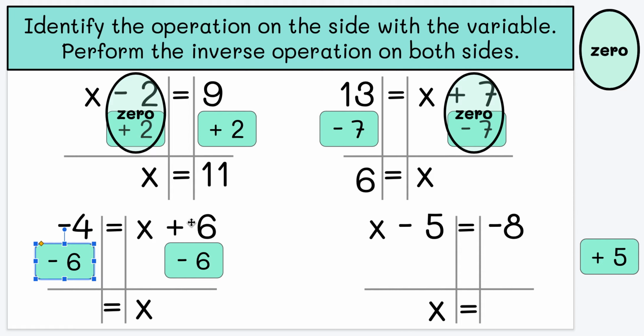All right, on the side with a variable, I have a positive 6 and a negative 6, or a plus 6 and a minus 6. Those are opposites. That is worth 0 or nothing, which leaves me with just my x. Oh, but over here I have -4, and then I have -6. Let's say I lost $4, and then I lost $6 again.